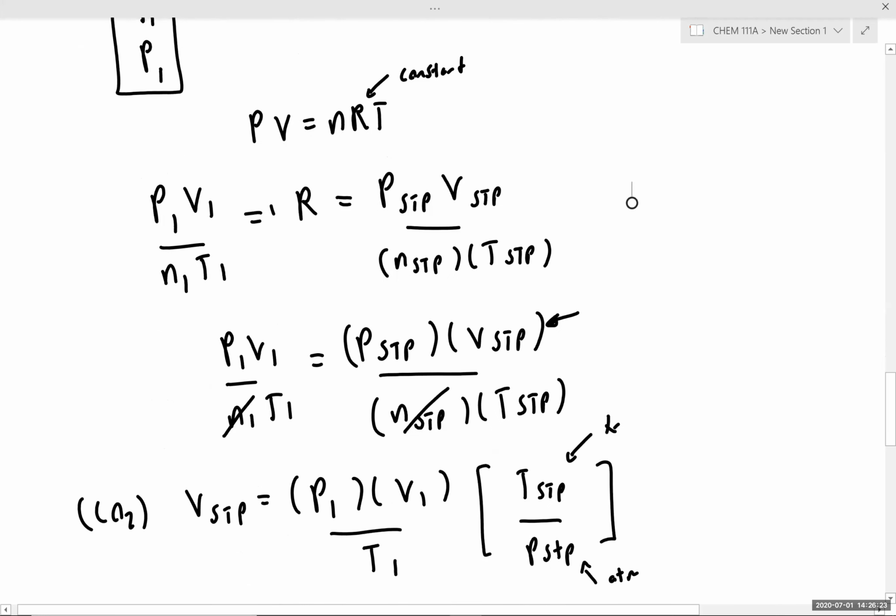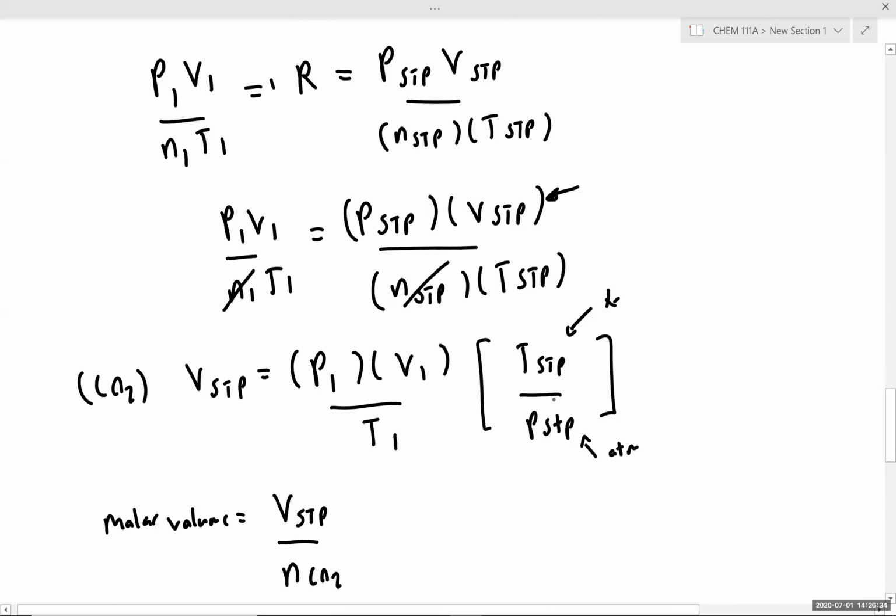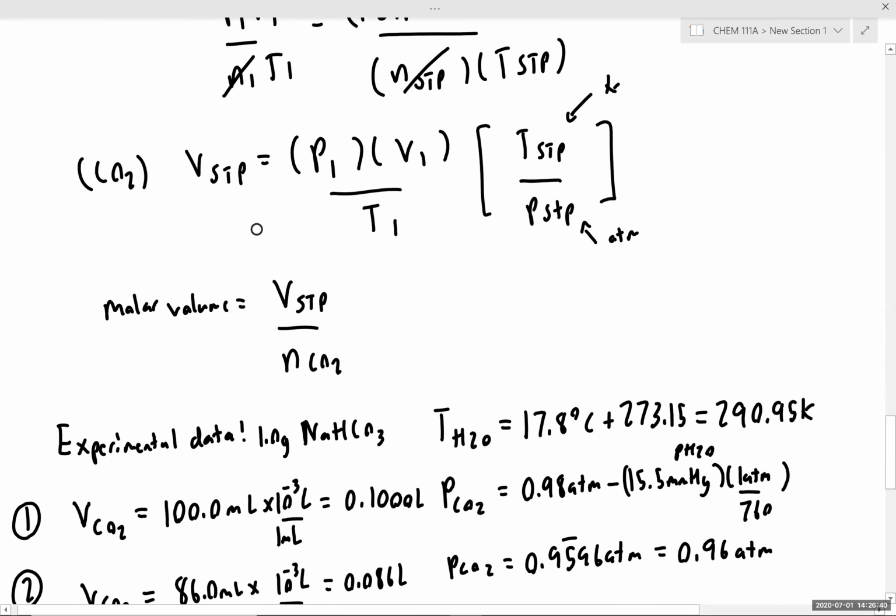The moles do not change in this process. And as a result, we can solve for the volume at STP to get the following expression. Once we have the volume at STP, we can solve for the molar volume by taking the volume at STP over the moles of carbon dioxide.